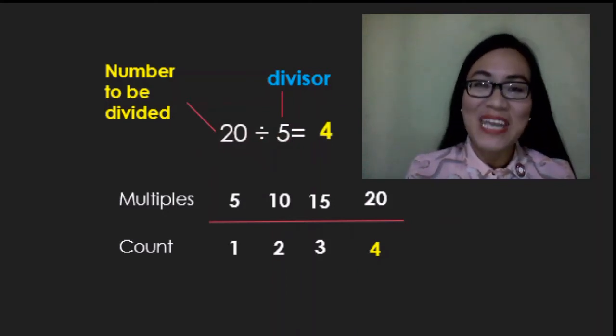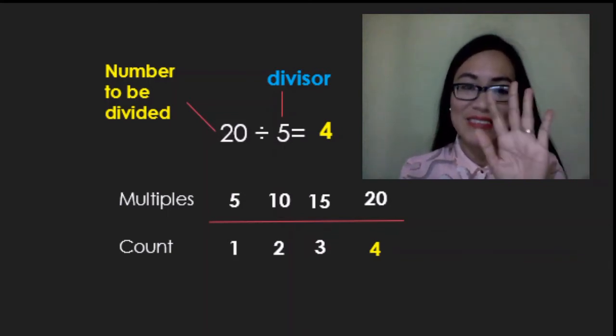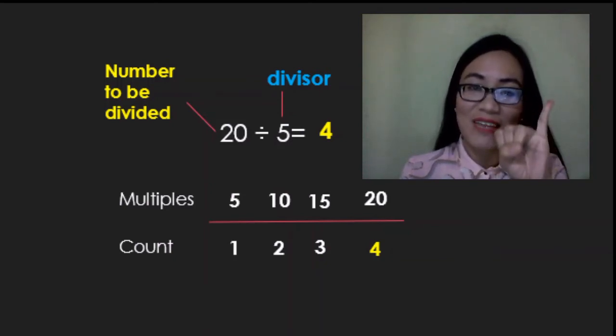Now let's use our fingers again to find the answer to 20 divided by 5. Raise your hand. Close your fingers. As you count by 5, you have to raise each finger. 5, 10, 15, 20.